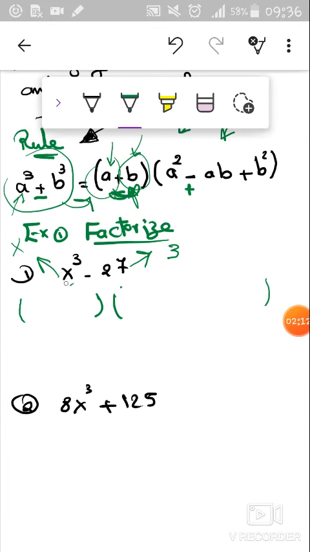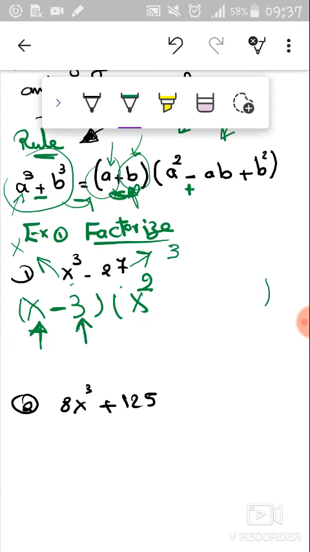The first term, x to the power 3, its cubic root is x. 27, its cubic root is 3. The sign between them is as in the expression, so it is going to be negative. How can I get the terms of the big bracket? I square the first term, which will be x to the power 2.